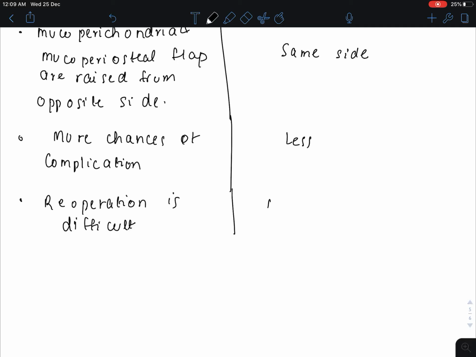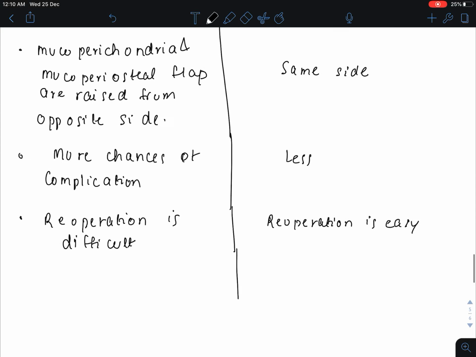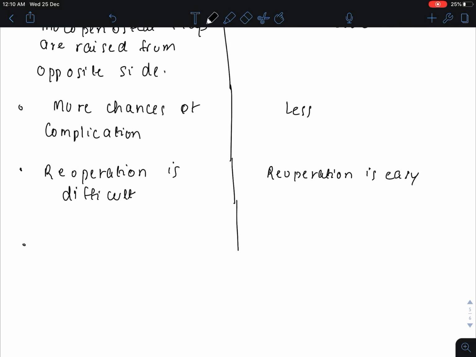In septoplasty, reoperation is easy. In SMR, the first incision which we give is the Killian's incision. In septoplasty, the first incision which we give is the Freer's incision.